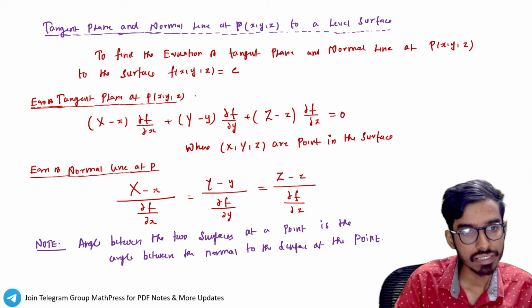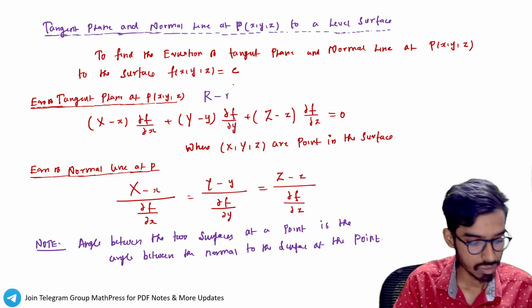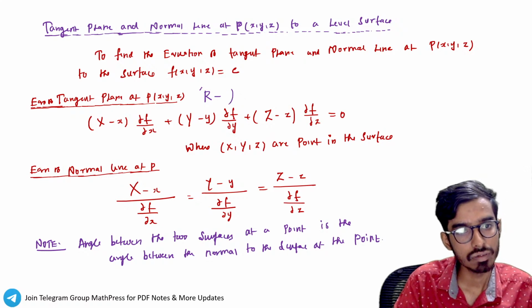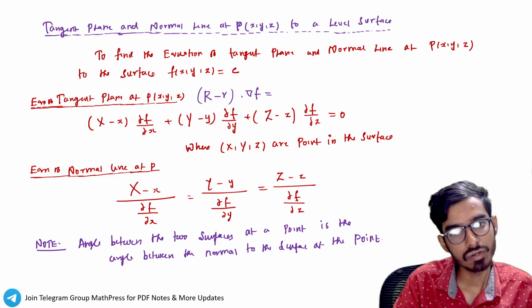So if you want to write this in vector form, it will be (R minus r) dot del f is equal to 0, right?